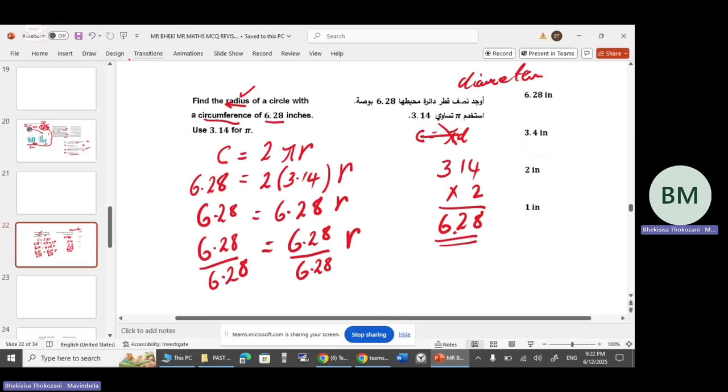So both ways. So this cancels off. It's 1, by the way. So 1 times R is R, or 1R. So 6.28 divided by 6.28, the answer is 1.